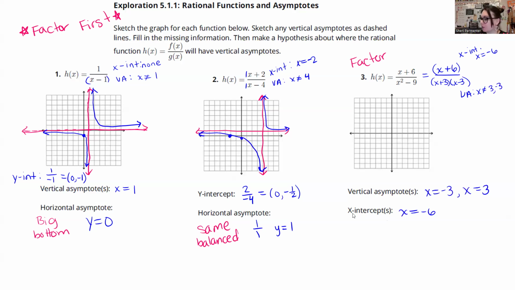I also find it helpful to jot down your y-intercepts like we did over here. So I'm going to plug in zeros, since I have more zeros to plug in over here. If we find our y-intercept, if I plug in 0 to the numerator, I get 0 plus 6, or 6 in the numerator. And in the denominator, if I plug in 0, it doesn't matter if it's squared, it's still just 0.